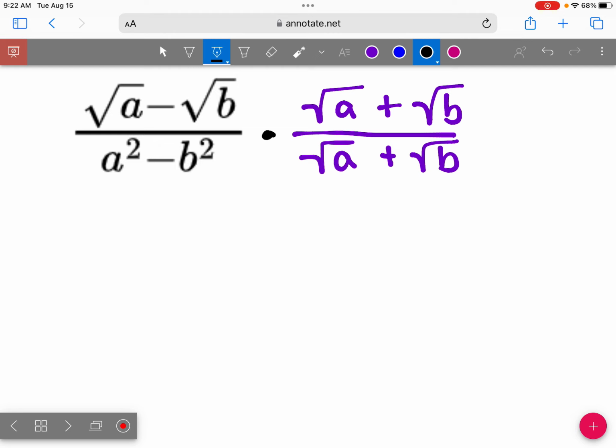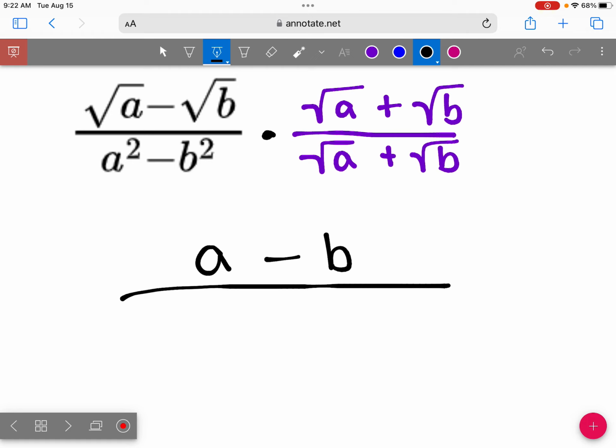So when we get to our next step, our numerator this time is the one with the opposite signs, with our difference of squares. So our numerator is going to be square root of a times square root of a gives us a. Square root of b times square root of b gives us b. It's a difference.